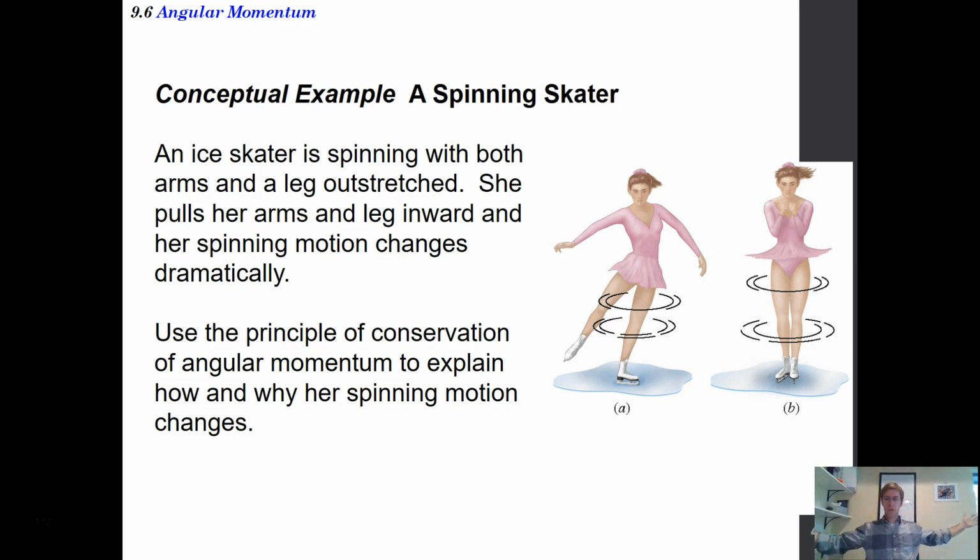As they're doing that, they're reducing how much mass is spread outward. So as they're pulling their mass inward, they're decreasing their moment of inertia. And since angular momentum is conserved, they still have the same angular momentum, and as a result, their rotational velocity must increase.